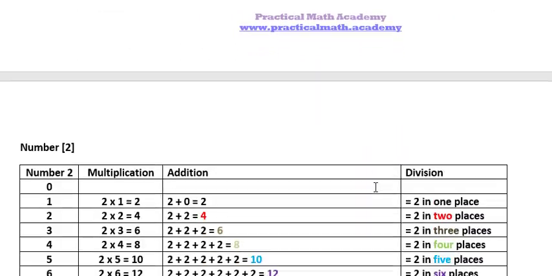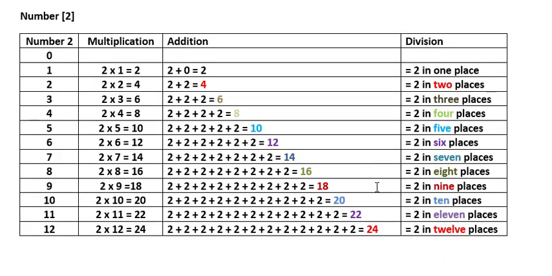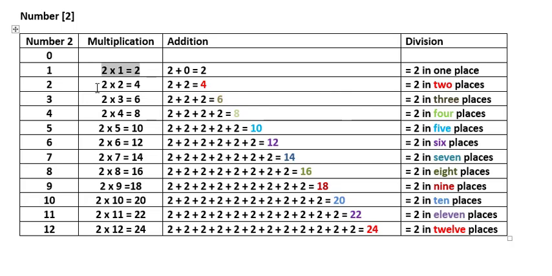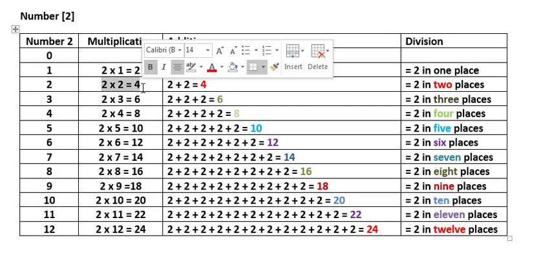But let's go to the second piece where we can play with more understanding of how these exercises play into each other. So we have 2 times 1. What does that mean? We are saying 2 in 1 place. When we say 2 times 2, we are saying 2 in 2 places.